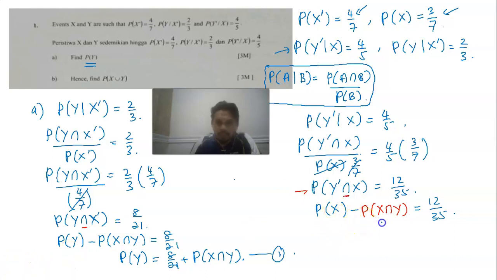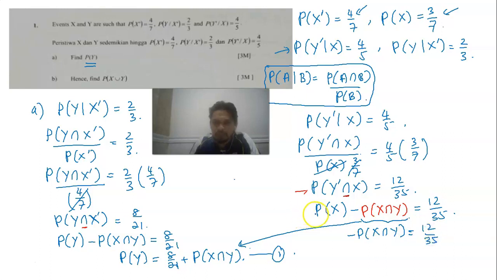Class, we want this term, probability of x intersect y, because we are going to use this. We're going to substitute this one here. So negative probability of x intersect y equal to 12 over 35.